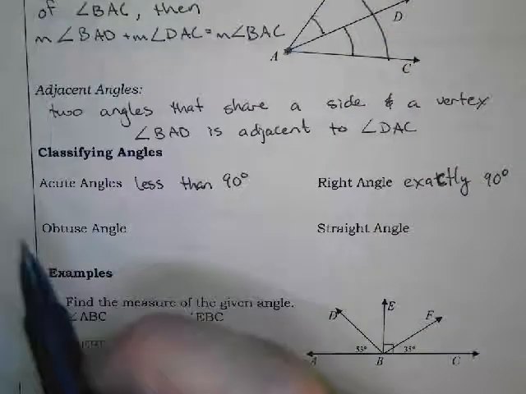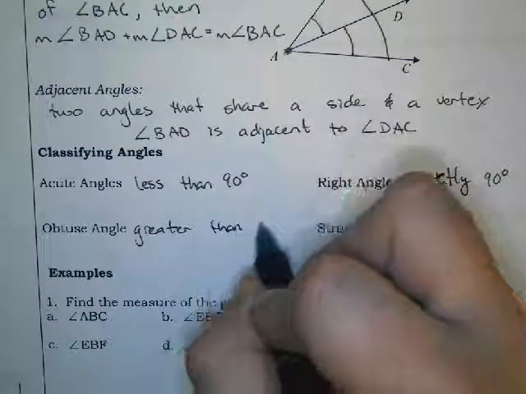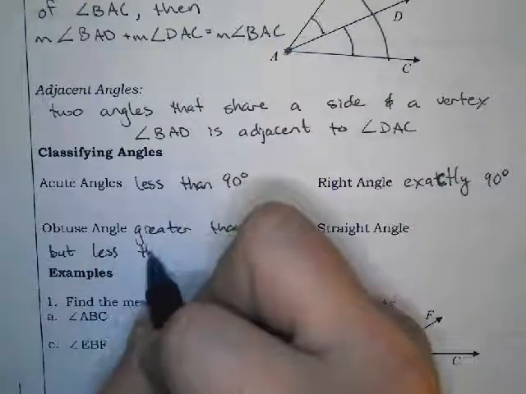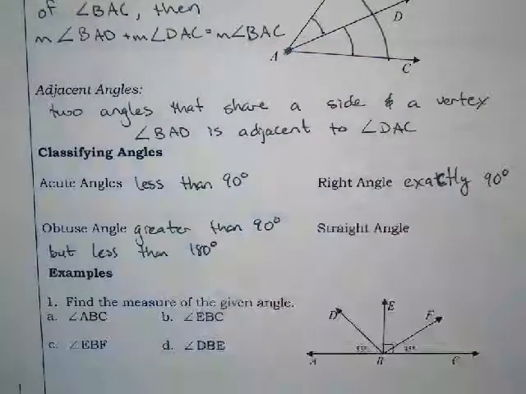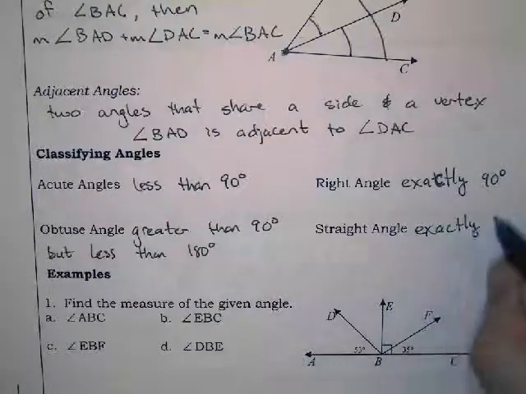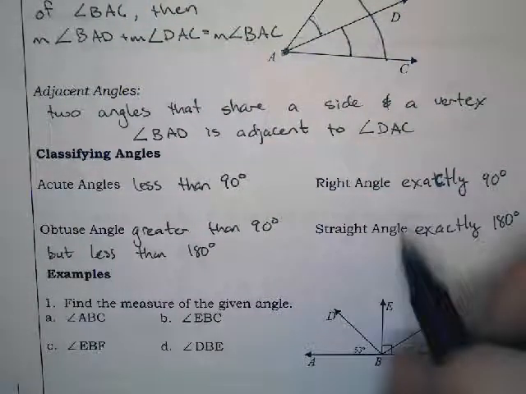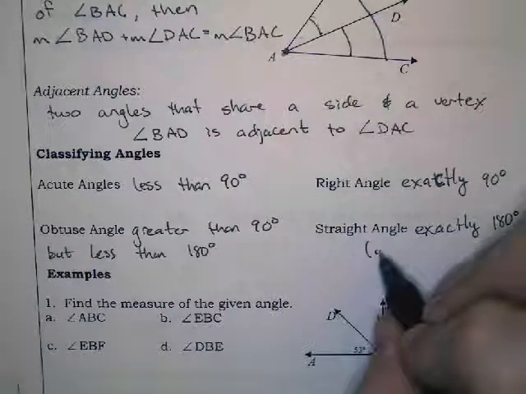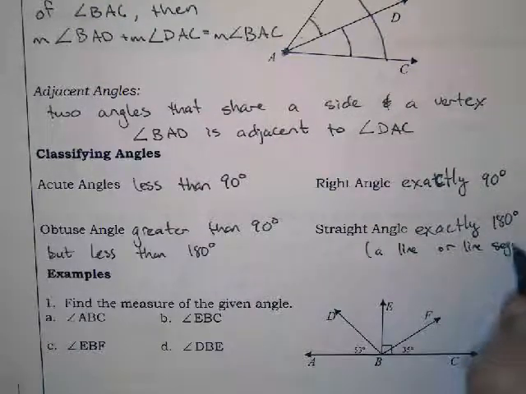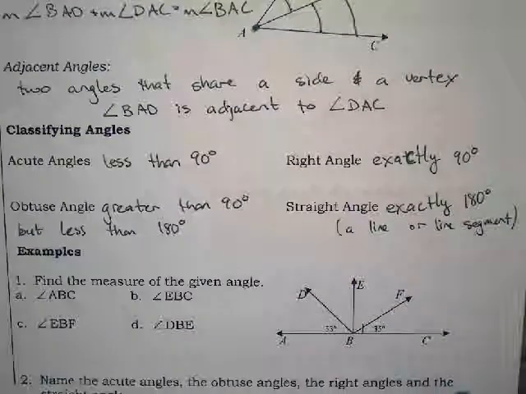Obtuse angle is greater than 90 degrees, but less than 180 degrees, and a straight angle is exactly 180 degrees. So this is also a line or line segment when it's at 180 degrees. That creates a straight line.